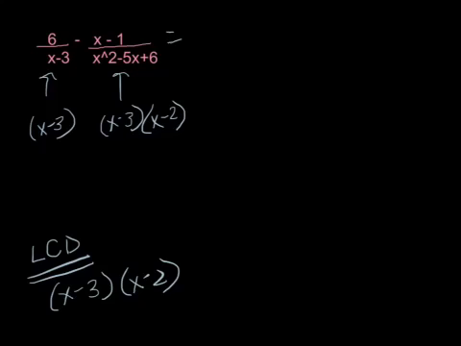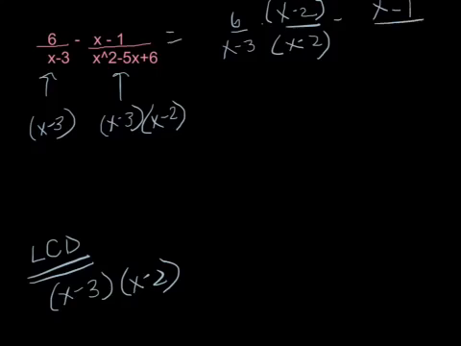Now I have to multiply each expression by 1 in the form of the factors that it does not contain. So my first expression, 6 over x minus 3, needs to be multiplied by x minus 2 over x minus 2. My second expression does not need that because it's got both factors in its denominator.